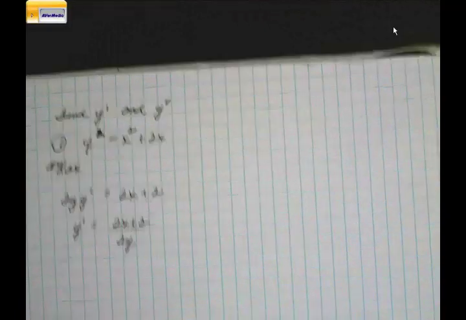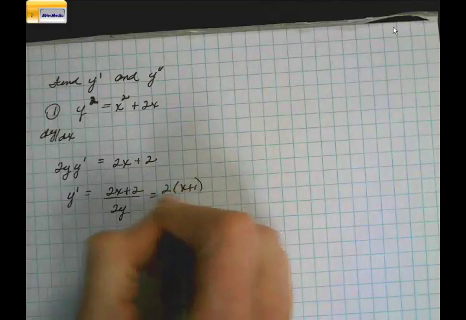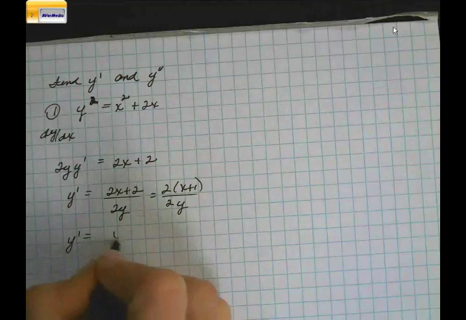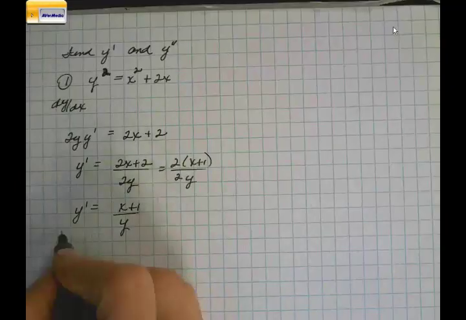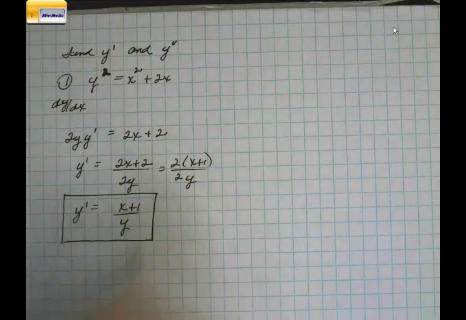We can take a 2 out of everything, right? Remember, if you factor out a 2 on the top, you factor out a 2 on the bottom, then your first derivative is x plus 1 over y. That wasn't so bad. Okay, so there's one of the answers.